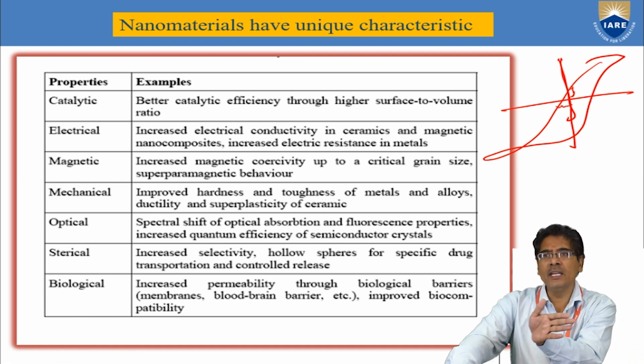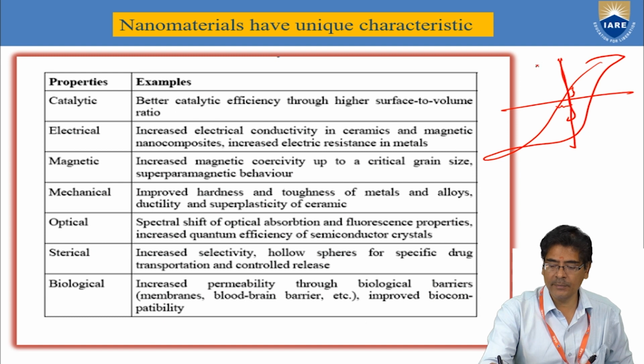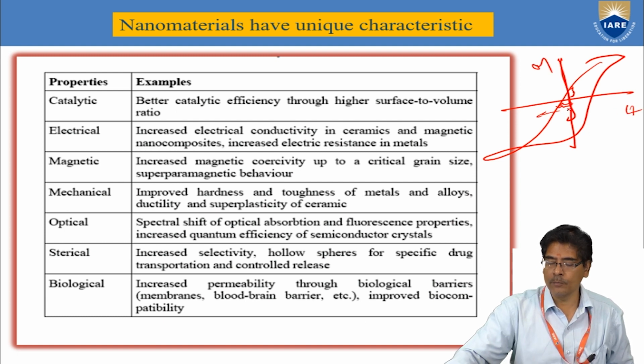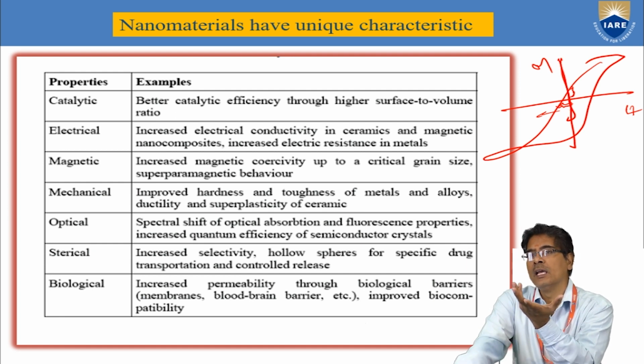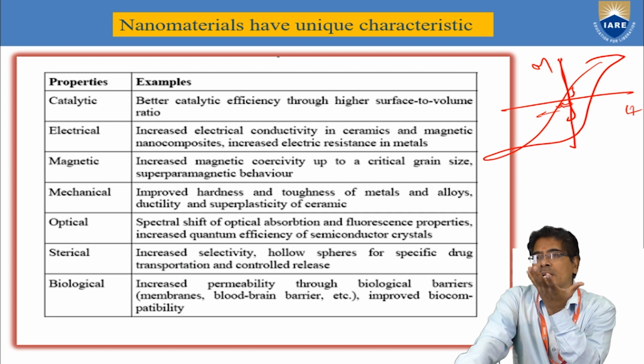Coercivity is nothing but the demagnetizing field. So this is our MH loop, and this loop is the demagnetizing loop. This depends upon the coercivity, that is, increased magnetic coercivity up to critical grain size.